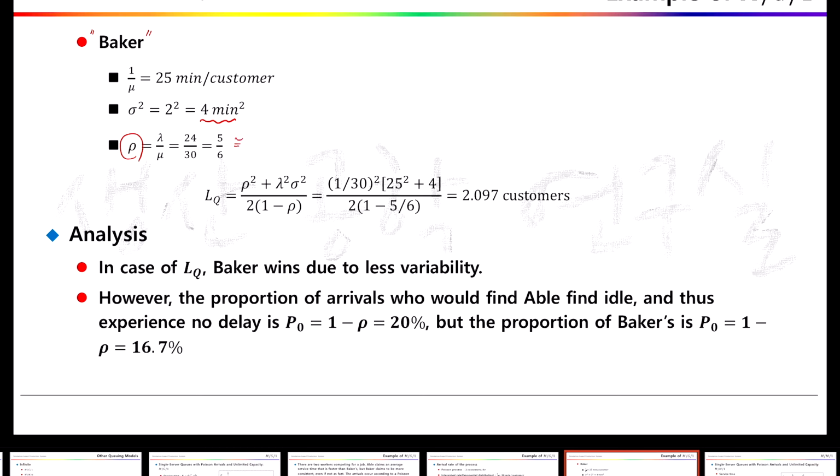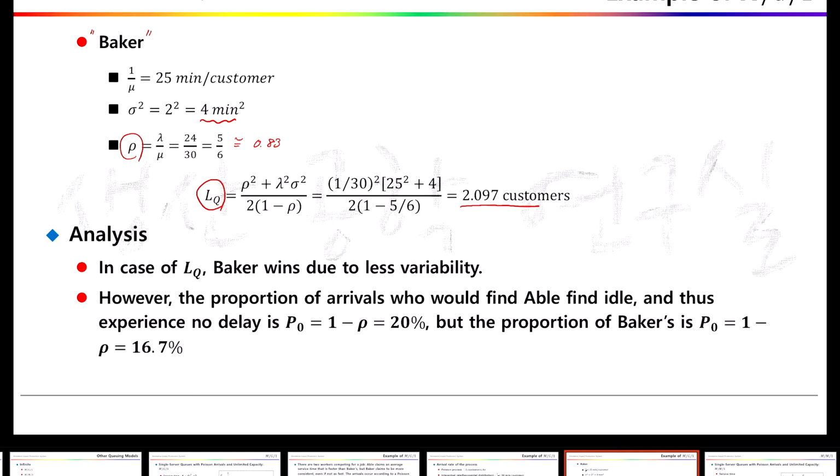It's roughly 83%. Then the length of the queue is going to be 2.097 customers.